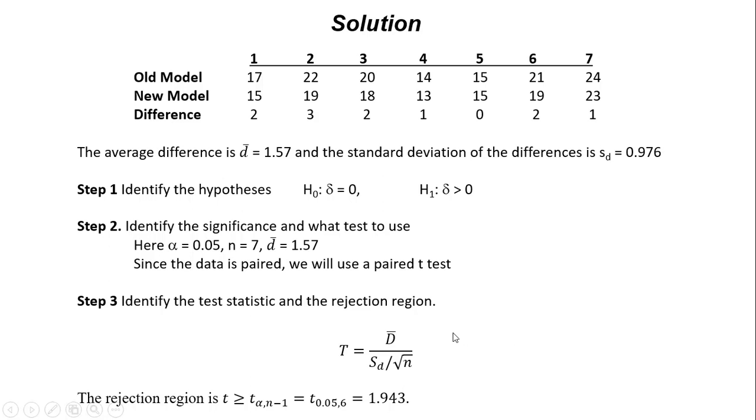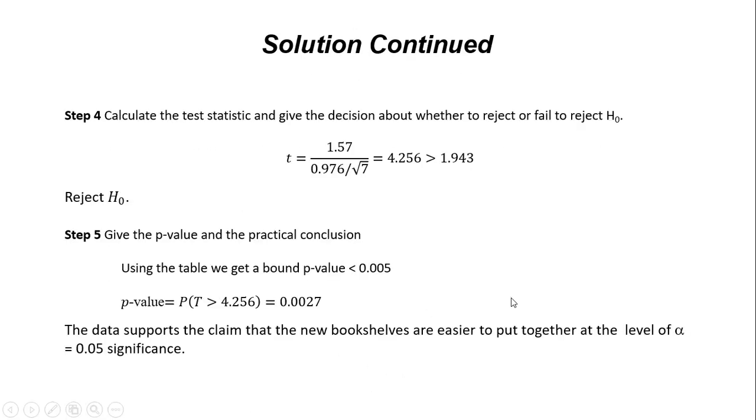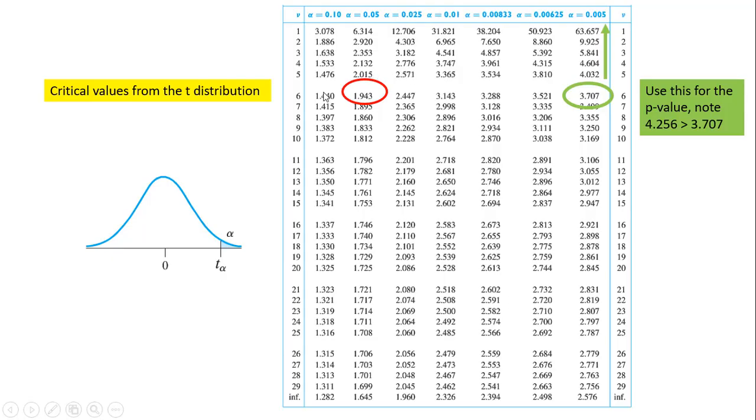The rejection region here is obtained using 0.05 for alpha, and degrees of freedom now is 6. So if we look this value up, let's see, I have the table over here. Degrees of freedom 6, alpha is 0.05. We would get 1.943.